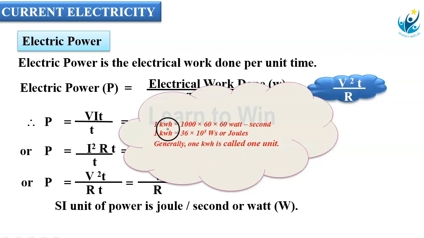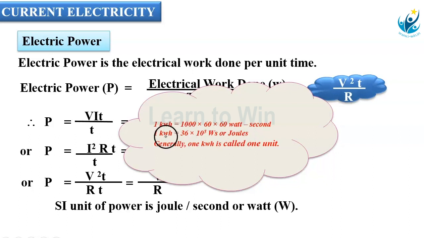1 kilowatt hour. Kilo means 1000. Hour contains 60 minutes. 1 minute contains 60 seconds. That means 1000 into 60 into 60. Now watt hour converts as watt second. Now watt second is nothing but joule.